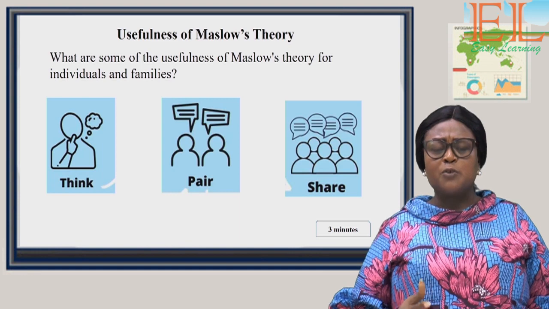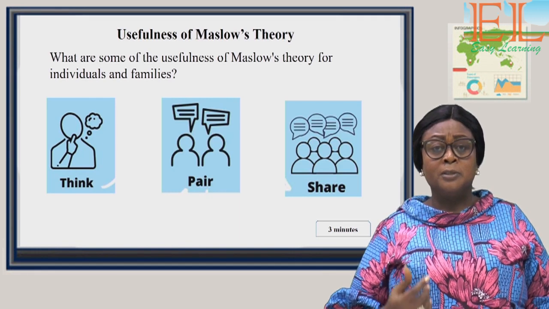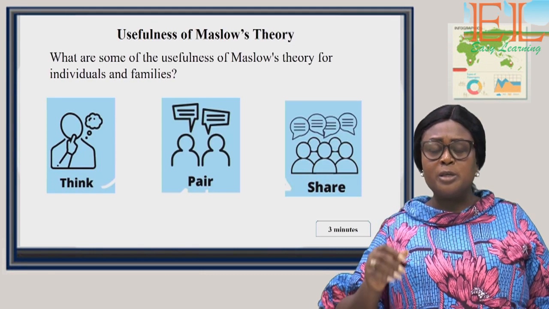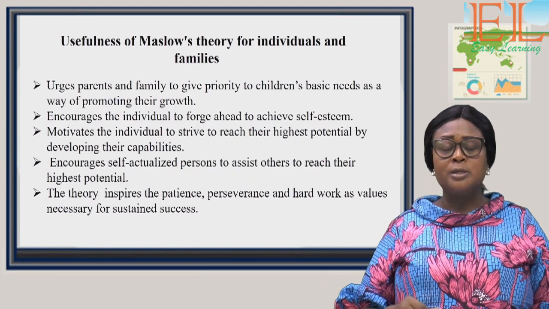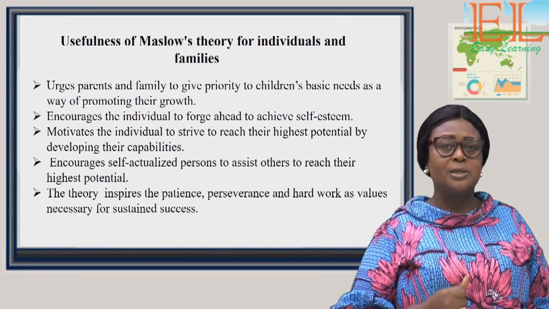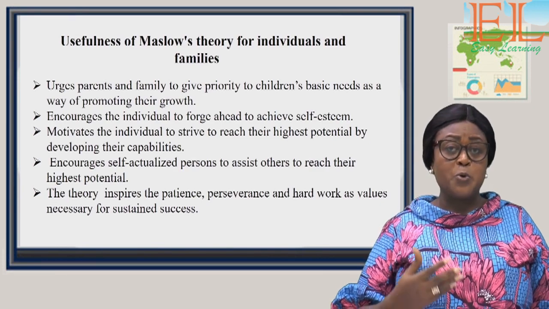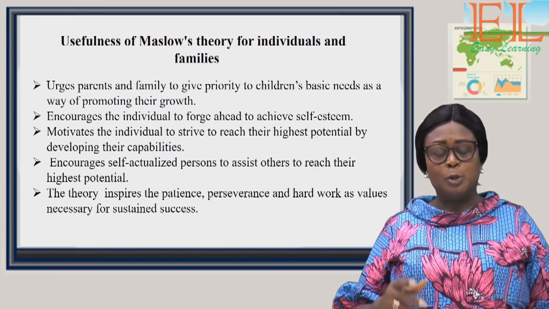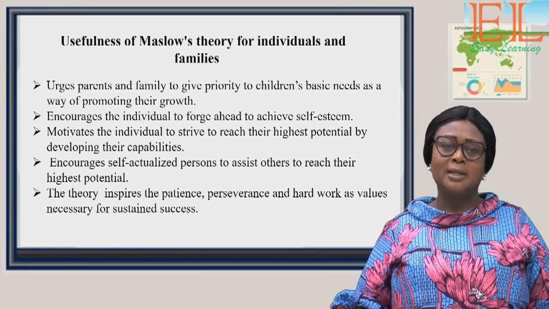The usefulness of Maslow's theory. Maslow's theory is important to the individual, to families, to governments, and to the nation at large. Now, let us find out how useful this theory could be to you, to your parents, to your family, and to the nation at large.